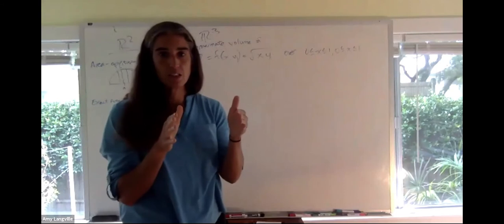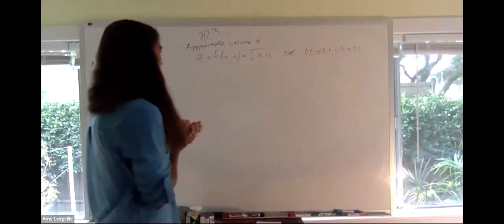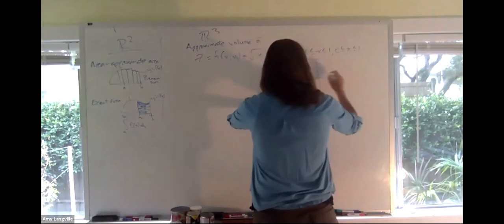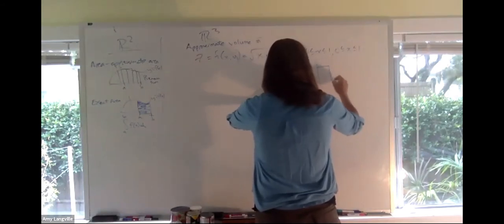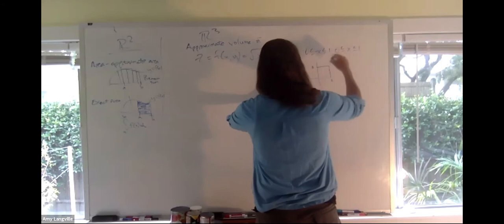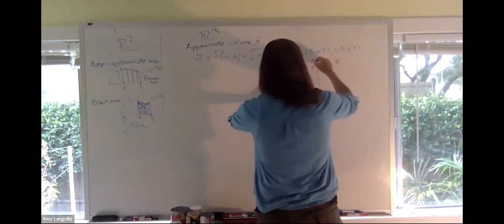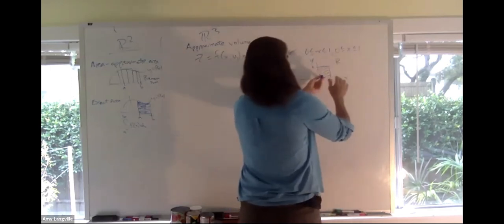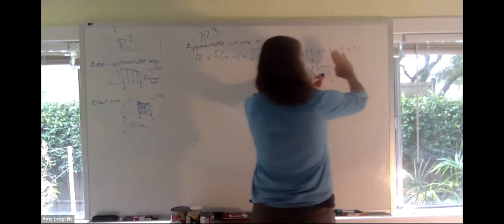I limited the x and y range. So in the XY plane, we have this region, and we're always going to call these regions R. So here's our region, and then there's this surface over top of that, where the z-axis comes out from the board and comes up something like this.